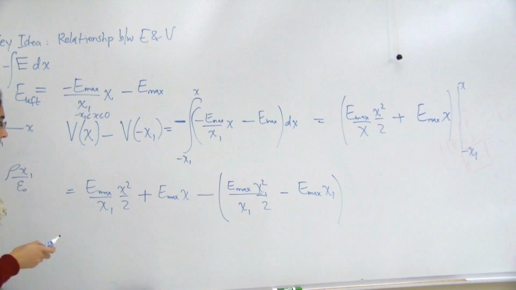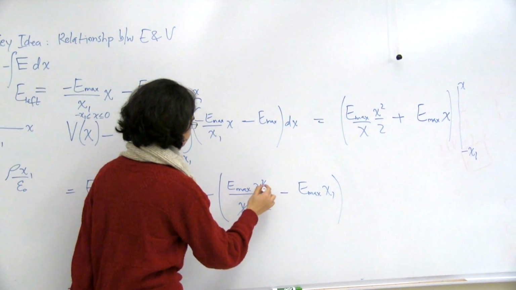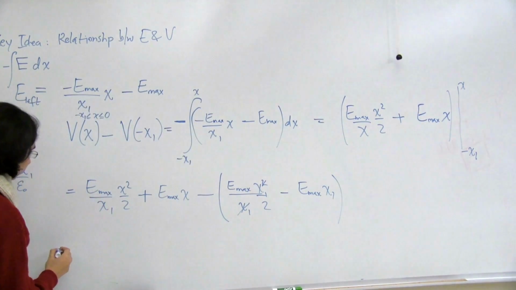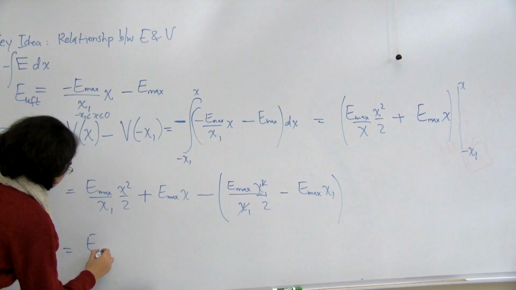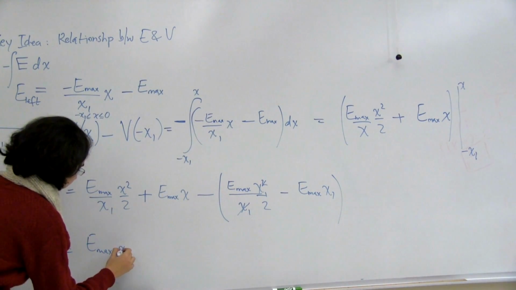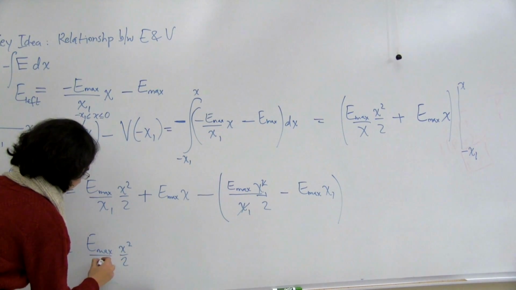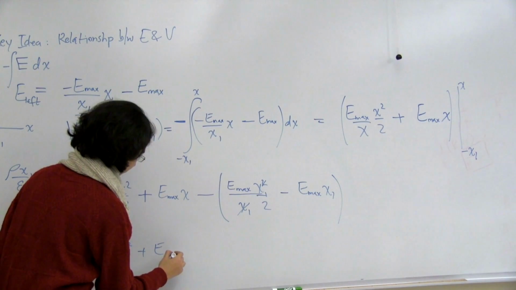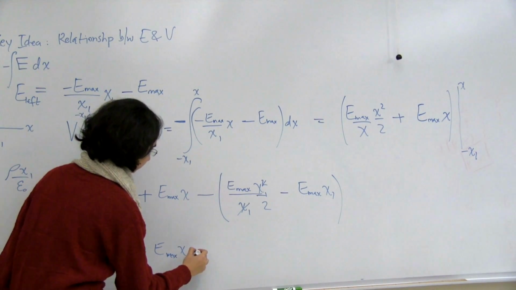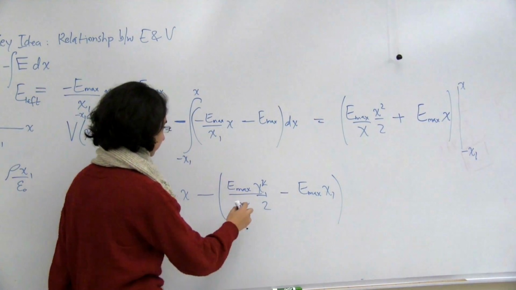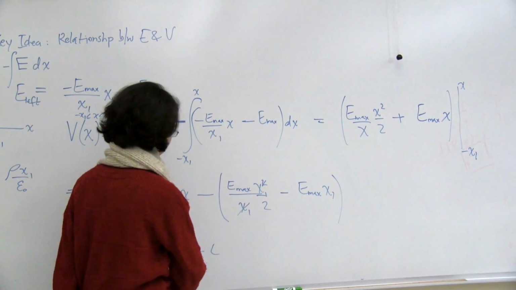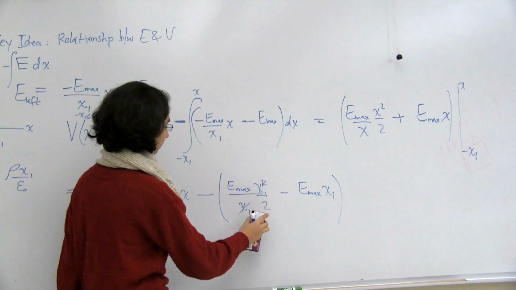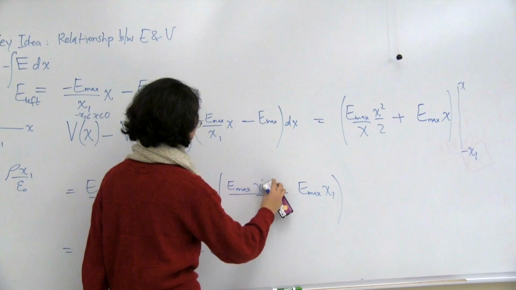Okay, now here we get some cancellation. So this becomes E max x squared, and the x1 got cancelled, so this goes away.